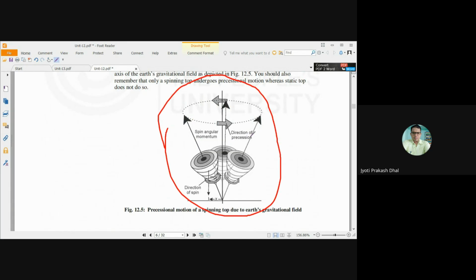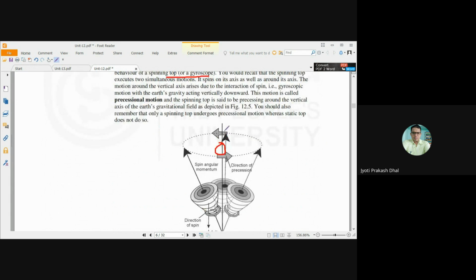One motion is like this, and the other motion is that it rotates around its own axis. So it spins on its axis as well as around its axis. That means two simultaneous motions take place for a spinning top or a gyroscope.